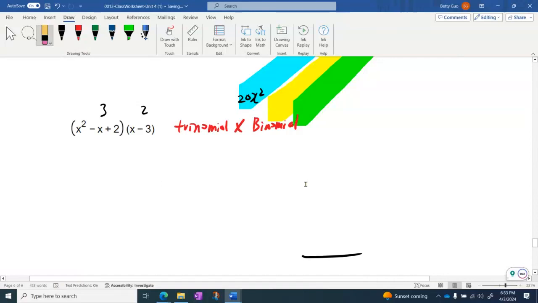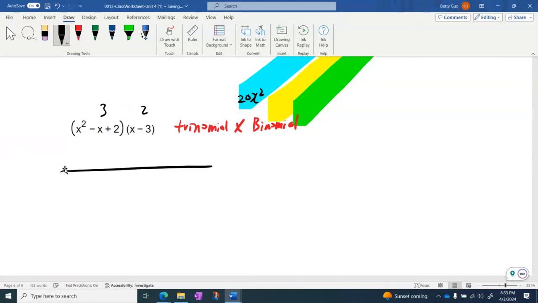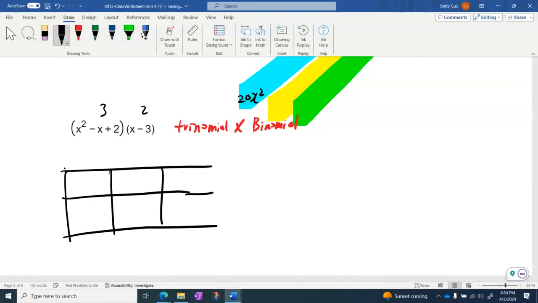Really it doesn't matter because the order of the two polynomials in the product does not change the result. Just for comfort, I feel more comfortable doing a flat box compared with a falling box. So this is a 2x3 box.